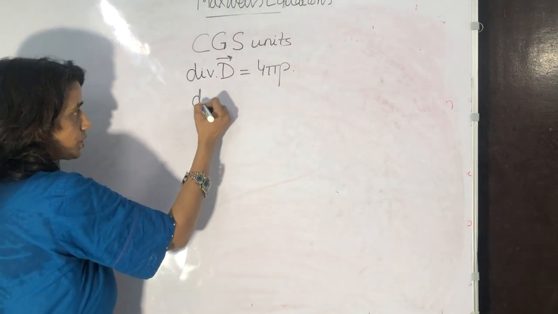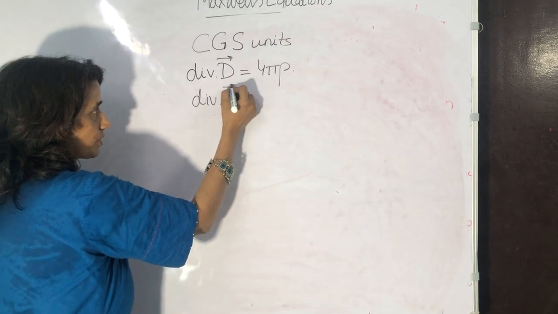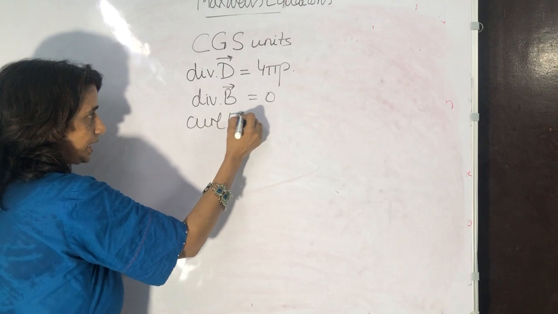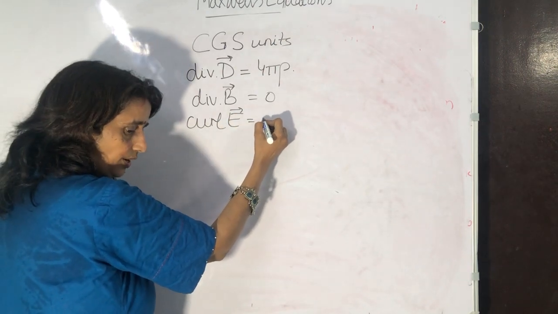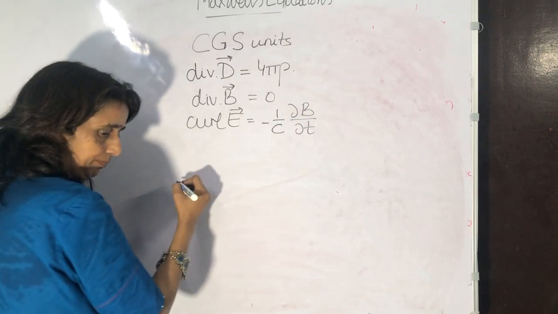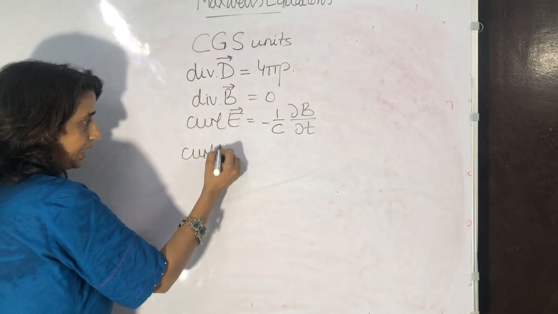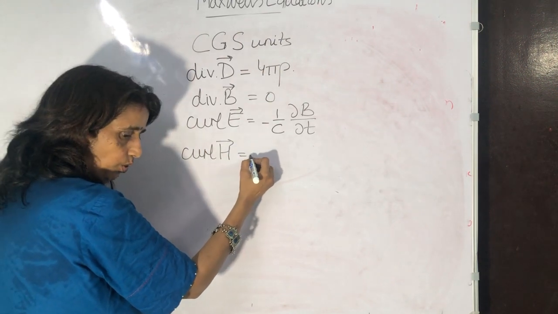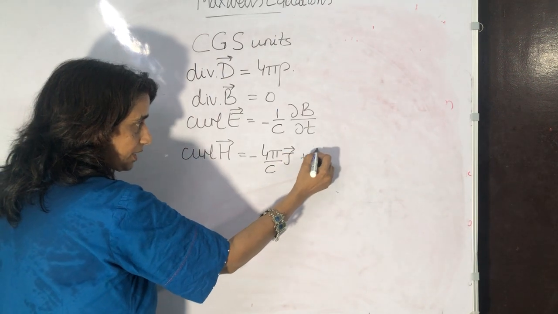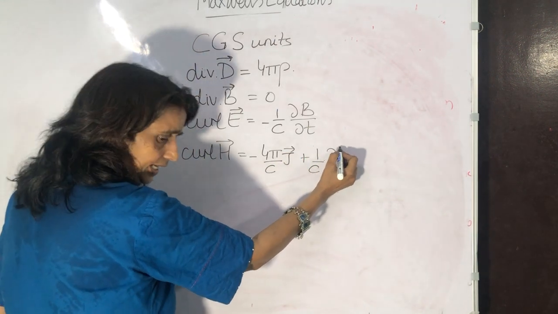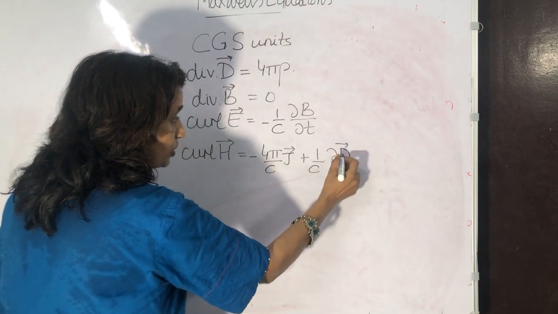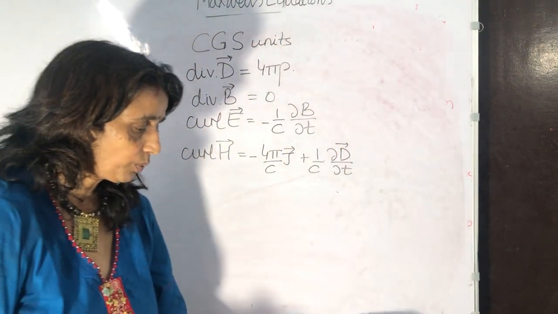The second equation has no change because it is equal to 0. The third equation, curl E is equal to minus 1 upon c del B by del t, and curl H is equal to 4 pi by c J plus 1 upon c del D by del t, where D is your electric displacement vector.